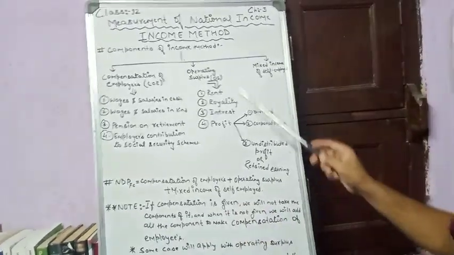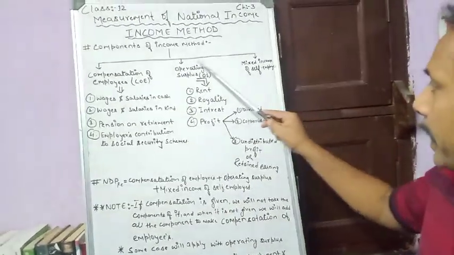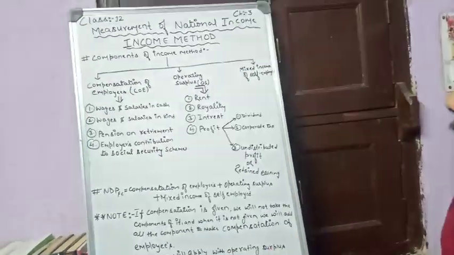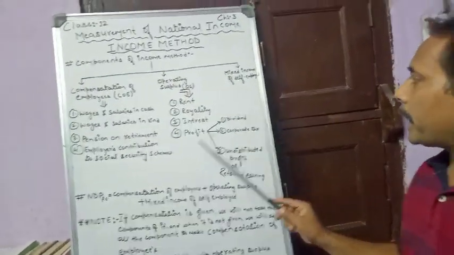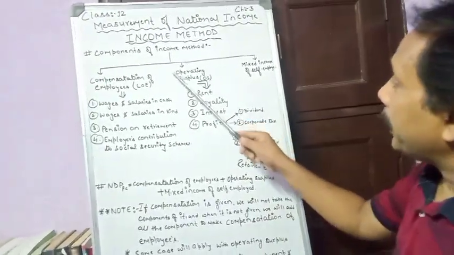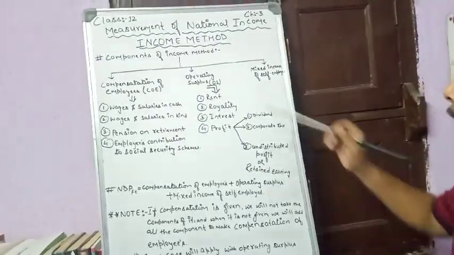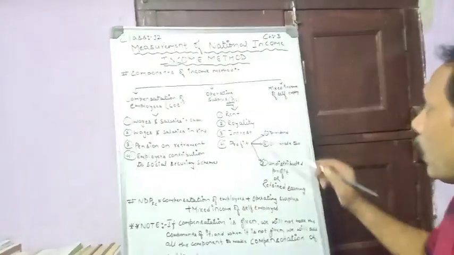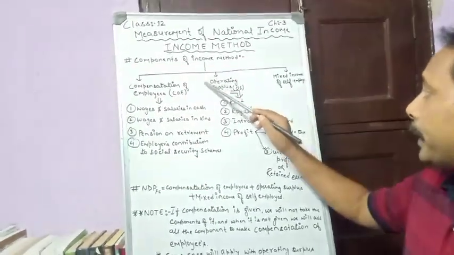Likewise, if the operating surplus is given, and profit and dividend are also given, we will not touch the dividend and profit, we will take only the operating surplus, because rent, royalty, interest, profit are all parts of operating surplus.